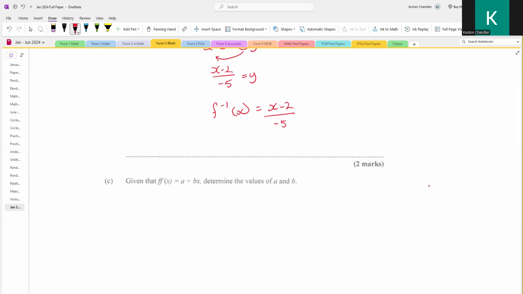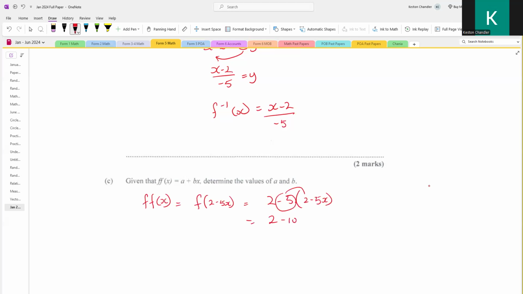They want f of f of x. So f of x we know is 2 minus 5x. So it means that wherever we have the x, we want to put this whole thing, 2 minus 5x, in there. And that's going to give us negative 5 by 2 will give me negative 10.